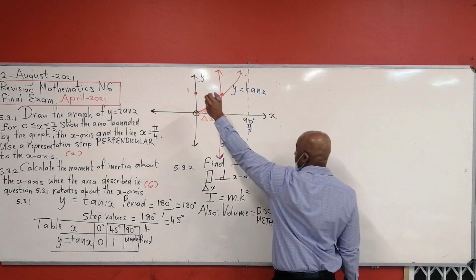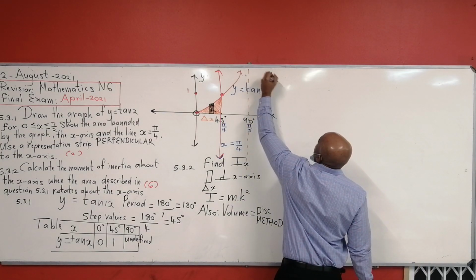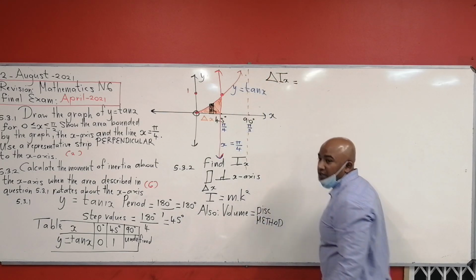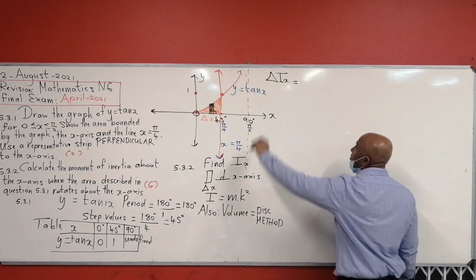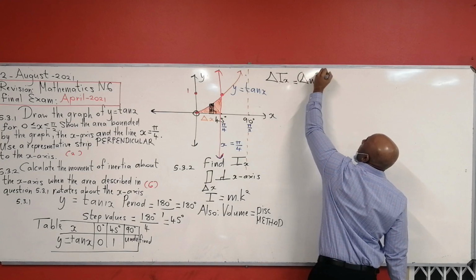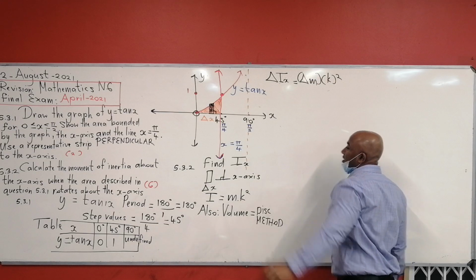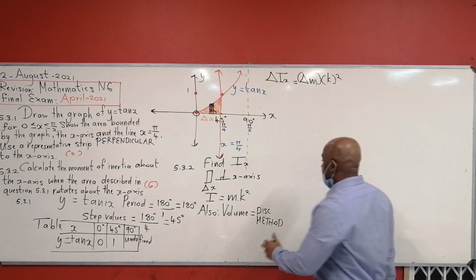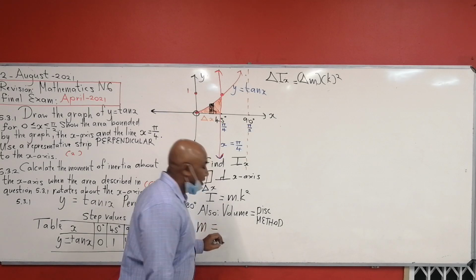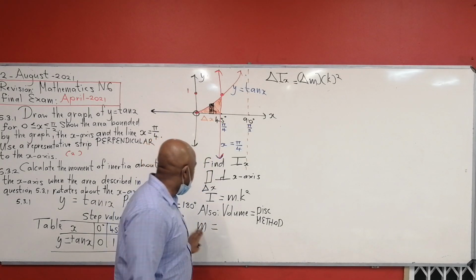So let's start writing down the formula. What do we know? We know delta Ix, the moment of inertia about the x-axis, is equal to mass times k squared. What do we know about mass?